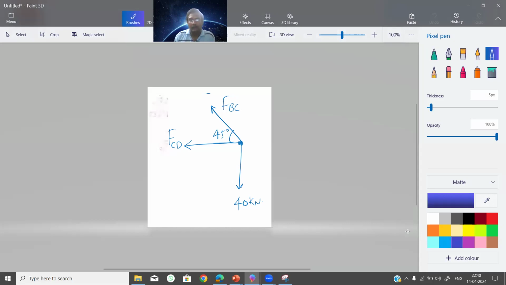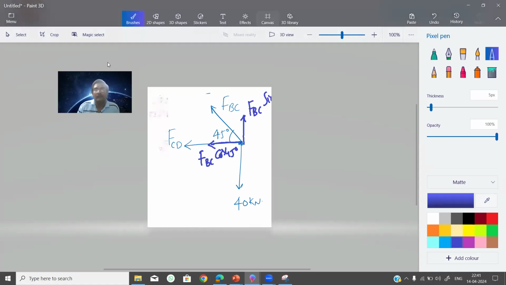FBC on the left side, this will become FBC cos 45 degrees. In the vertical, FBC sin 45. I will increase the canvas.